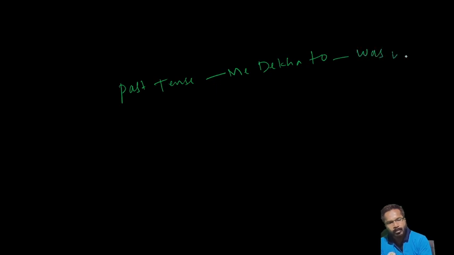Whenever you see past tense, in past tense you have to use was, were. This is the rule. If you see present tense, use am, is, are. What to do? In present tense use am, is, are. In past tense use was, were. From active to passive, you only have to do this much.